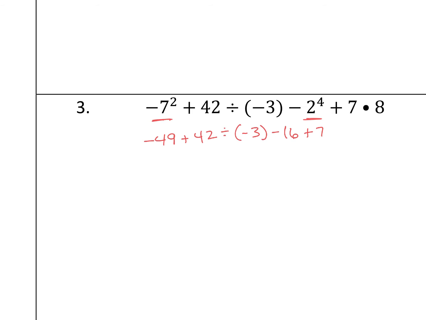Haven't done anything with the 7 or the 8. I see I have a subtraction problem right here, so I'm going to change that to addition real fast. Negative 49 plus 42 divided by negative 3 plus negative 16 plus 7 times 8.